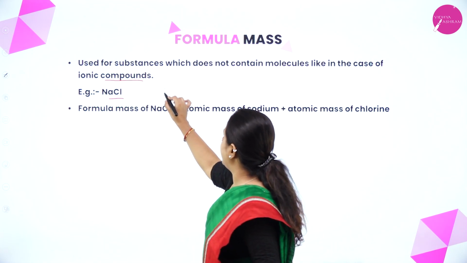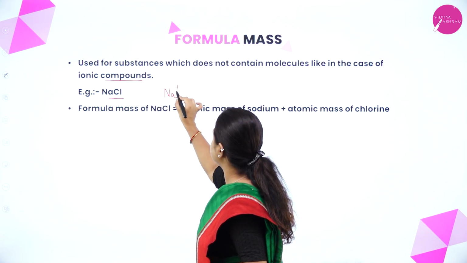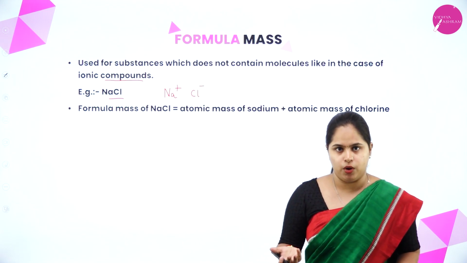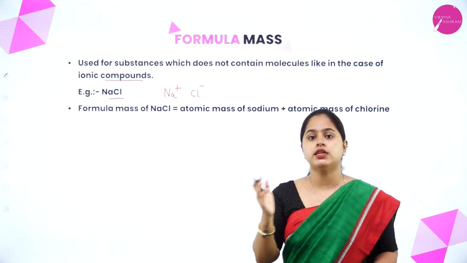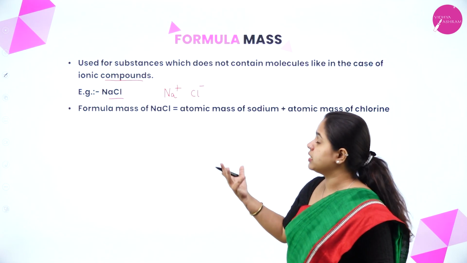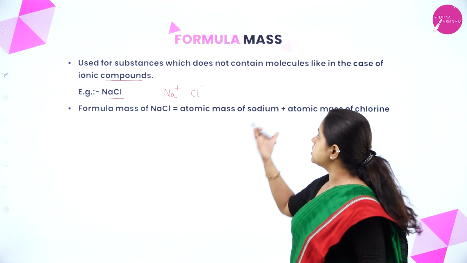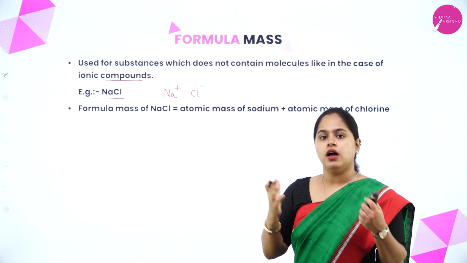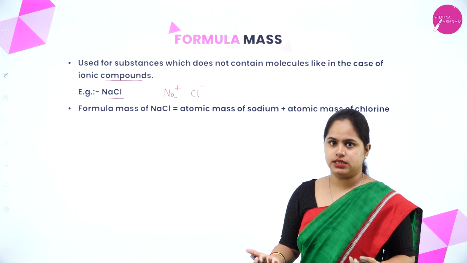It consists of Na plus and Cl minus ions. It is an ionic compound. In the case of CH4, it is molecular mass because it contains molecules and atoms. In this case, ions are present, hence we use the formula mass. But the way in which you calculate formula mass or molecular mass is the same.